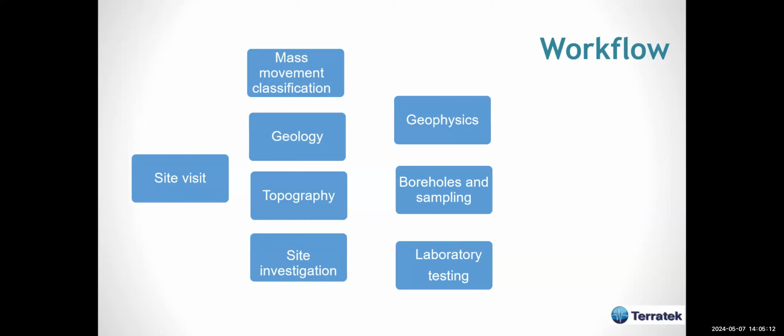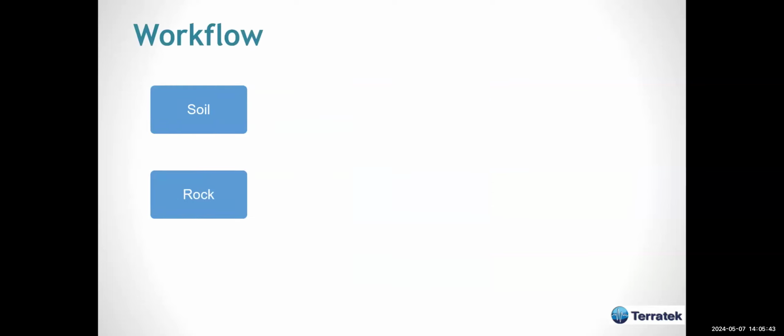Then site investigation will take into account geophysics, borehole and sampling, laboratory tests. This is what we're going to do next. And we are going to talk about site investigation a little bit, not too much geophysics, because that would require much more knowledge than I have on geophysics, but I'm going to talk a little bit about that. And then we carry out stability and risk analysis.